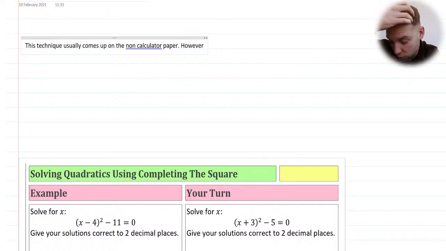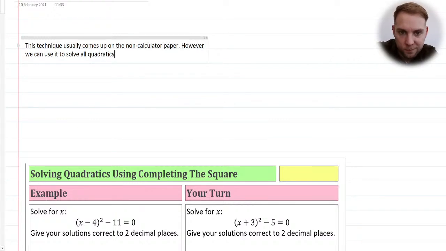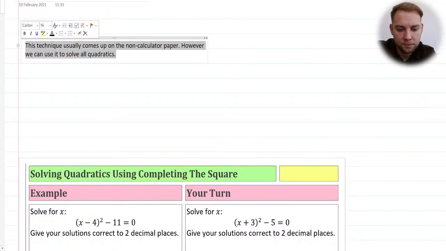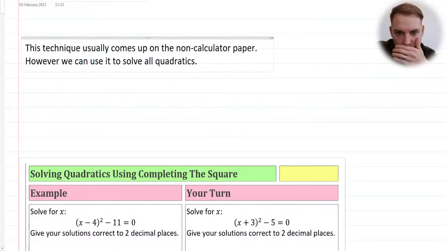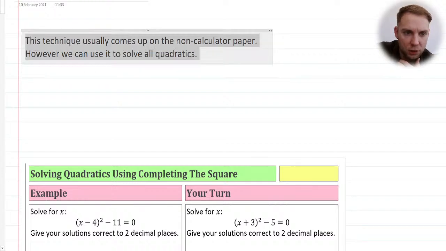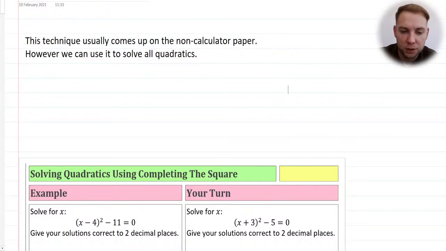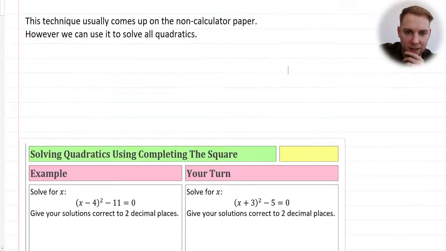However, we can use it to solve all quadratics. So this technique usually comes up on the non-calculator paper, however you can use it to solve all quadratics. So I'll do one here, get that down.